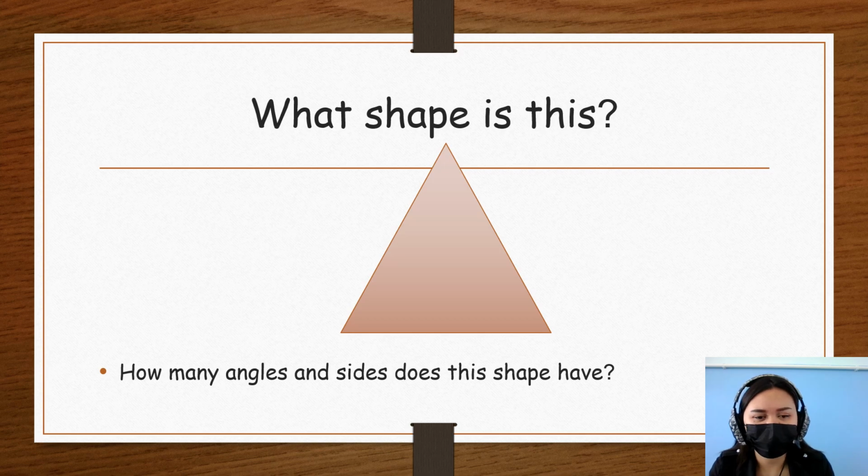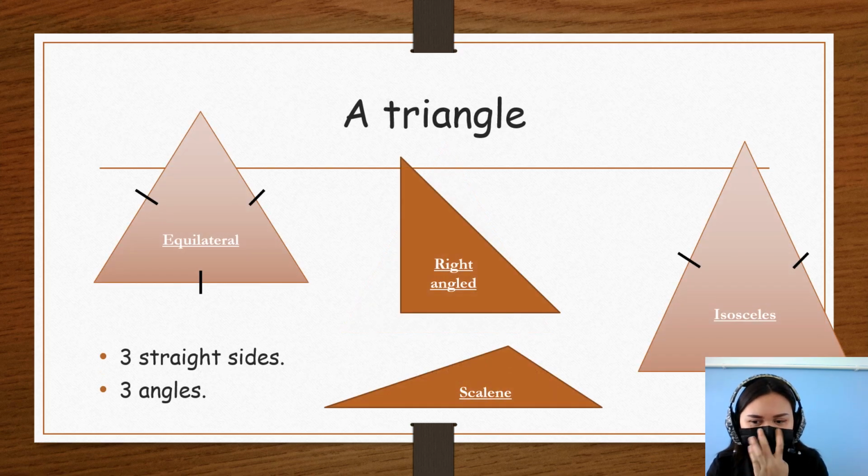Okay, so this shape is a triangle, right? How many angles inside does this shape have? Okay, look, there are a lot of examples of triangle. There's an equilateral triangle. There's a right-angled, scalene, and isosceles. But they're all triangles.